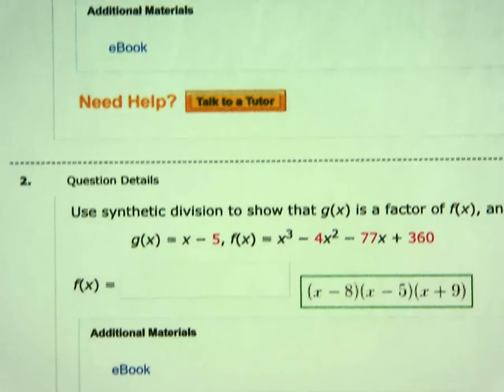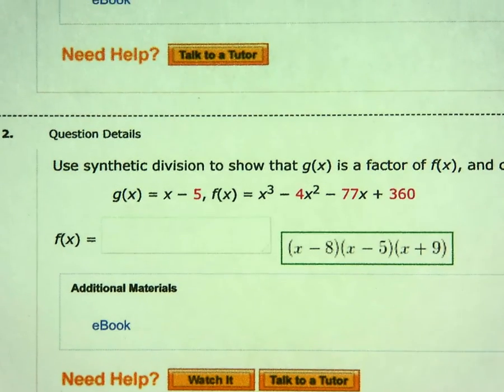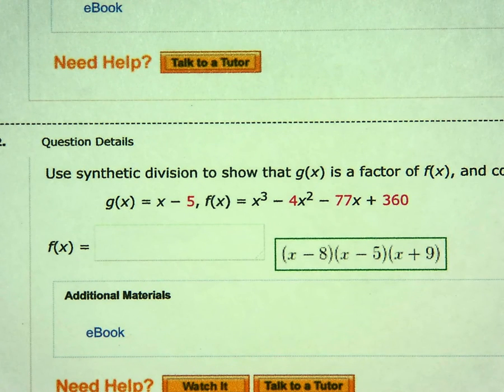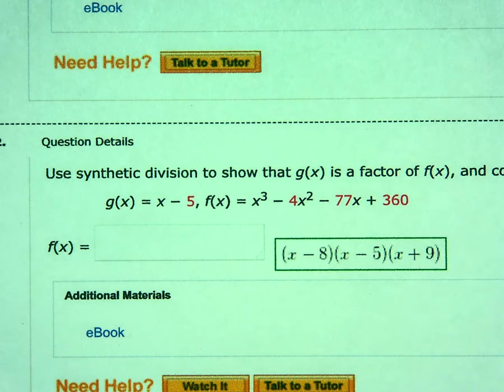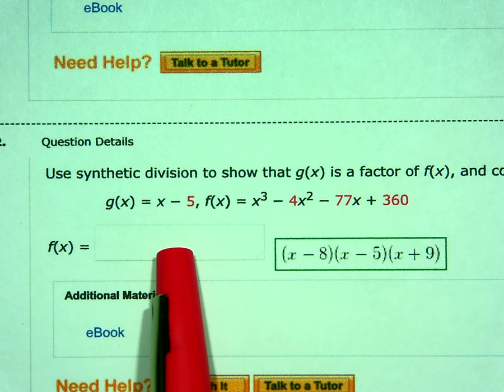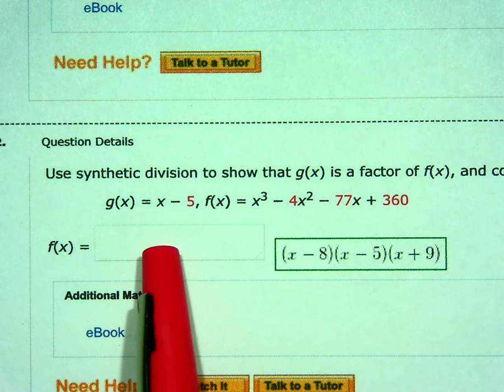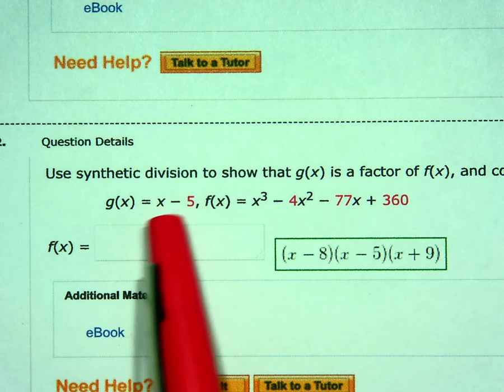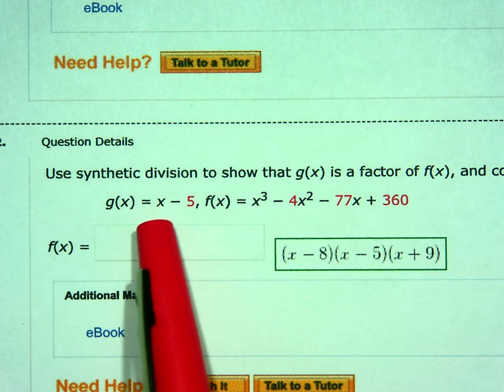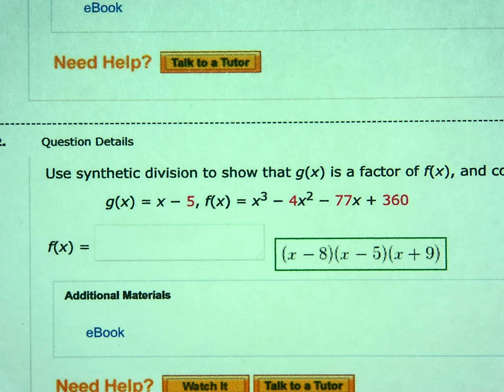So here's your next one. Again, you see the synthetic division, and it wants to divide everything by x minus 5. Notice, unlike the first example, you have an entire expression given to you, so using long division you've got to be careful how you're doing that.